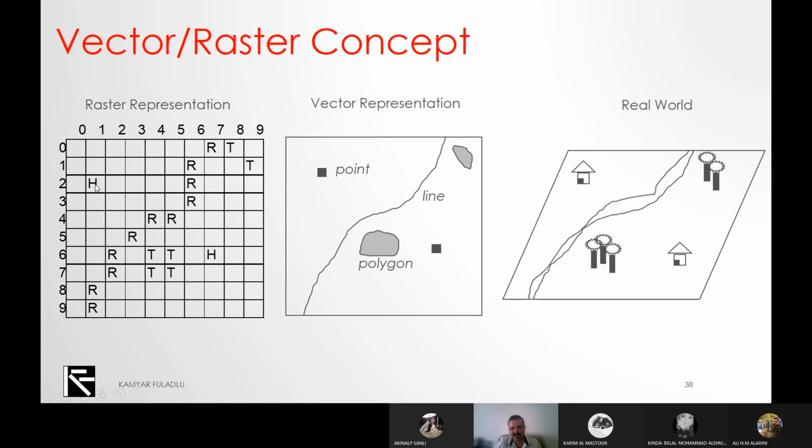Here I just use the letter H. If you want to show a river, you need to draw a line. But here you need to give a blue color to the pixels which follow the river stream. Or if you have a forest, maybe you can represent it by a polygon, like this forest and the other forest. But here, with a T, for instance, for each of them you can give a green color accordingly. This is the representation of it.